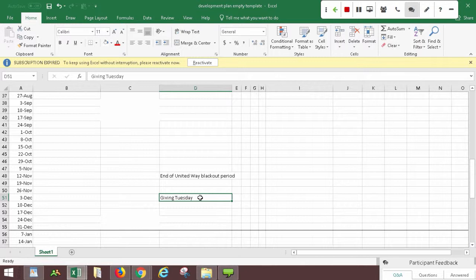The other thing that's probably important for most organizations, this isn't as common today as it used to be, or it's not as universal today as it used to be, but I always ask, is your organization a United Way agency? Maybe only a quarter of Bloomerang customers are United Way agencies, but it's important to know whether you are one or not when the United Way blackout period in your community is.